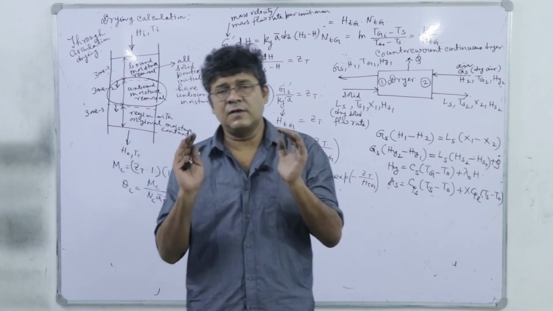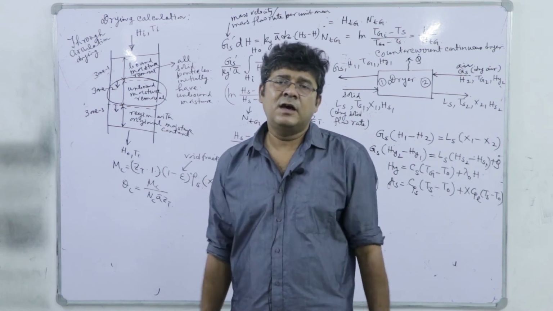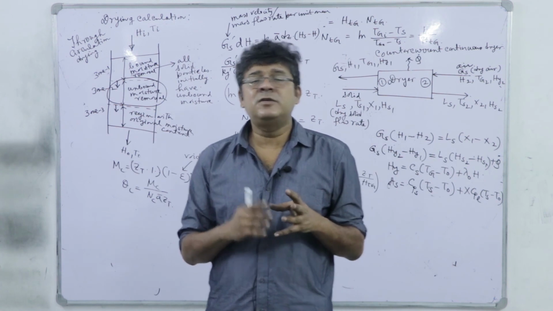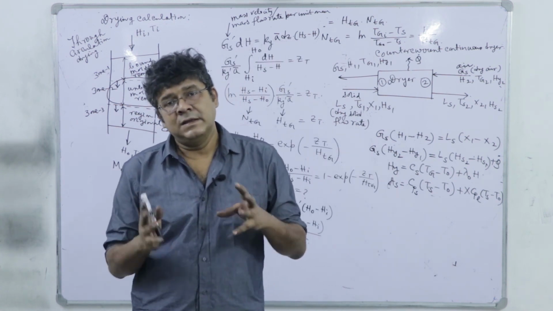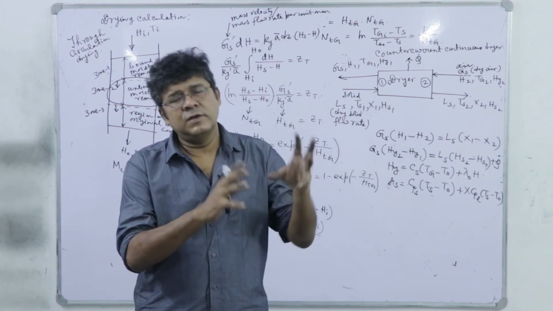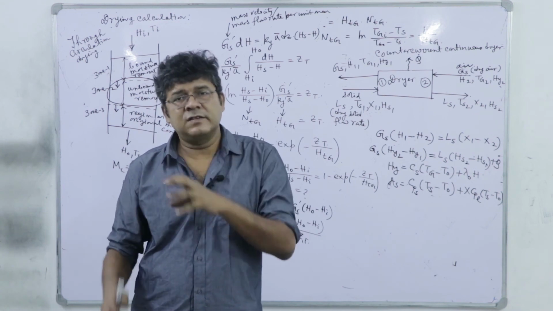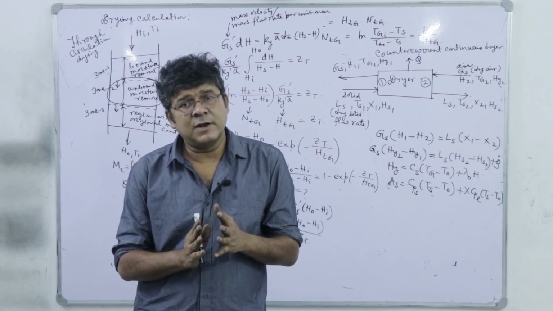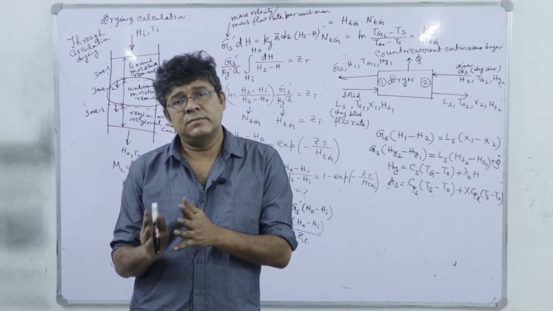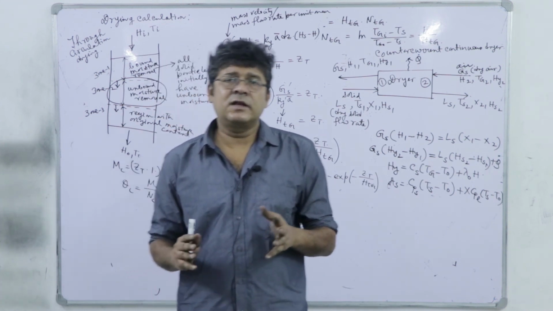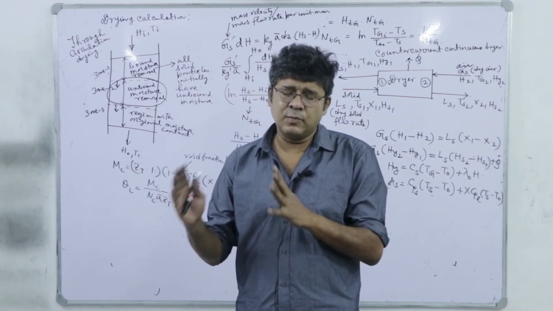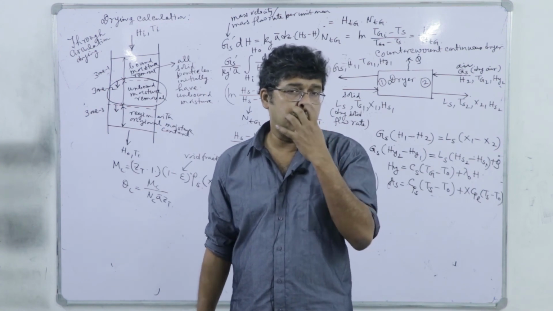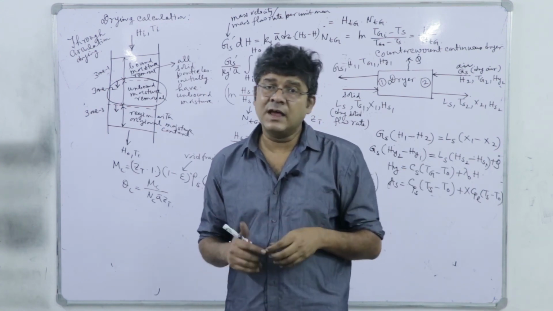This difference of HO and HI is simply a material balance over the bed, because this NC into A bar into ZT, that is the total amount of moisture removed, must be equal to the respective moisture gain rate by the gas flow, and that is GS prime into this HO minus HI, right, into ZT. HO minus HI into GS prime must be equal to A bar into ZT into NC, and from there we have calculated NC.